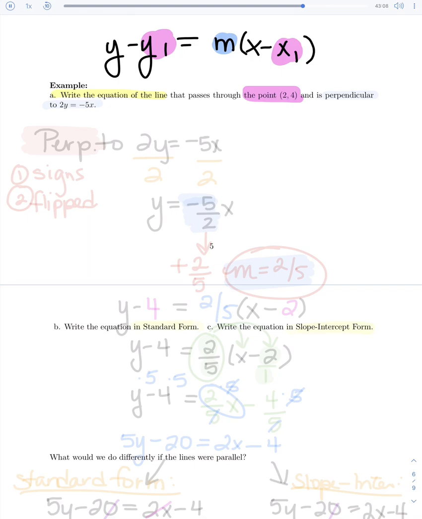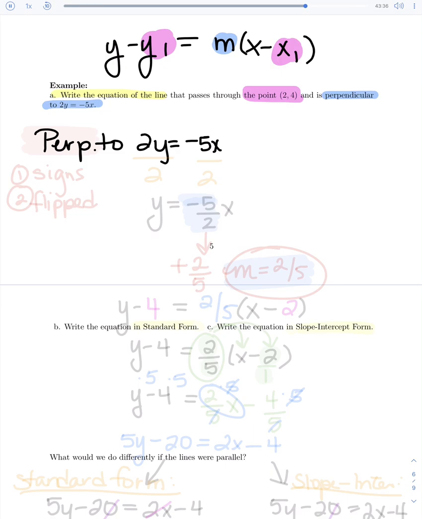They hinted at it by telling us that we want something that's perpendicular to something else. Remember, perpendicular lines have certain types of slopes. So we want something perpendicular to this 2y equals negative 5x. Well, first of all, what's this line's slope?